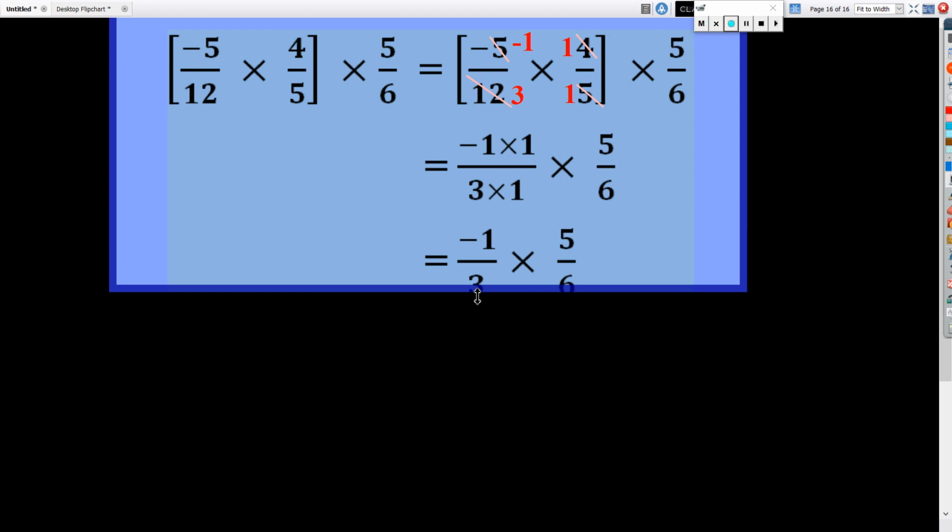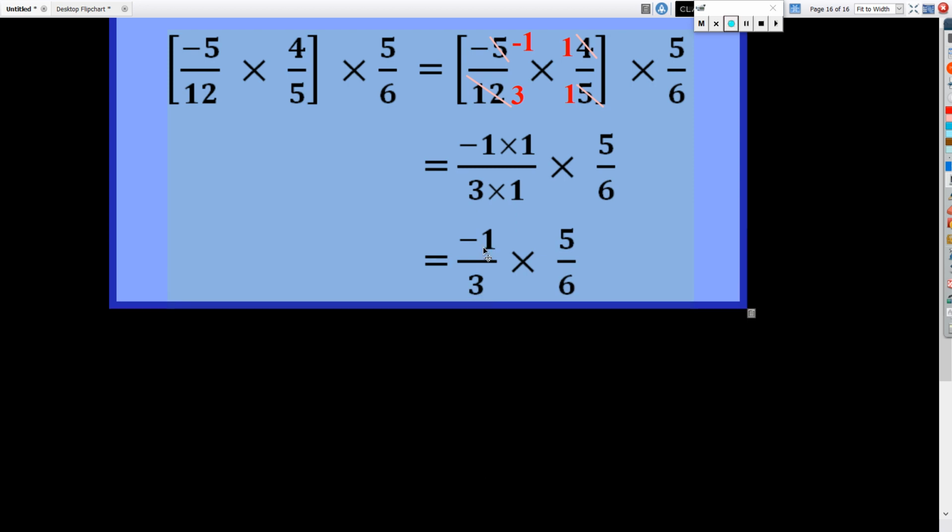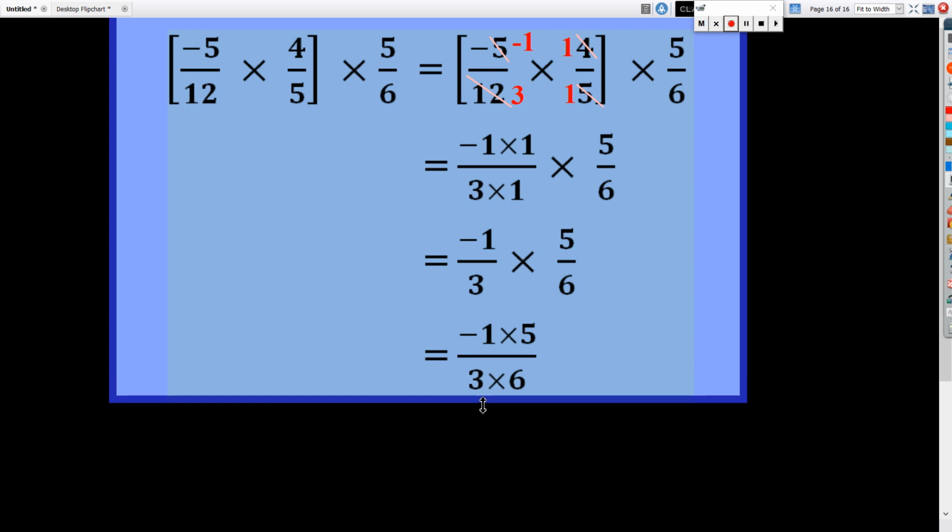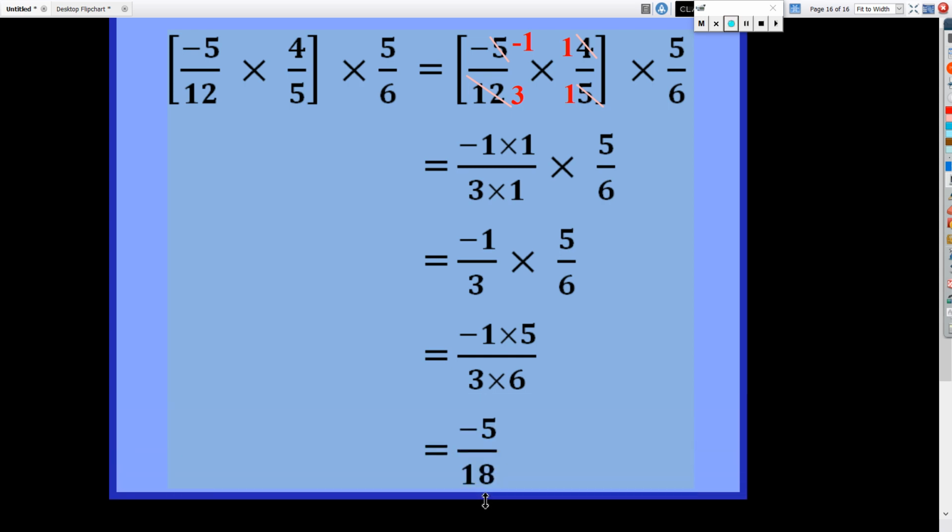That is negative 1 by 3 into 5 by 6. There is no common factor in both numerator and denominator. So multiply the numerator, that is negative 1 into 5, by 3 into 6. That is negative 5 by 18. So negative 5 by 18 is the answer. Now compare these two results.